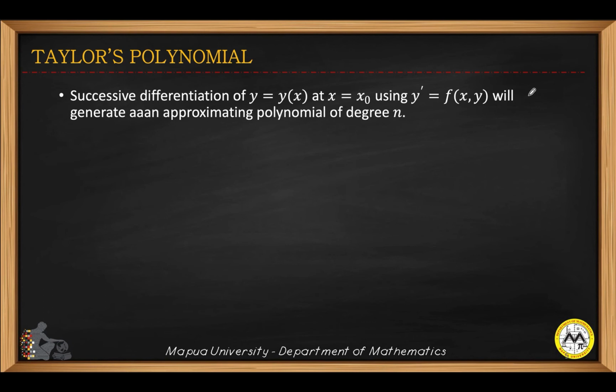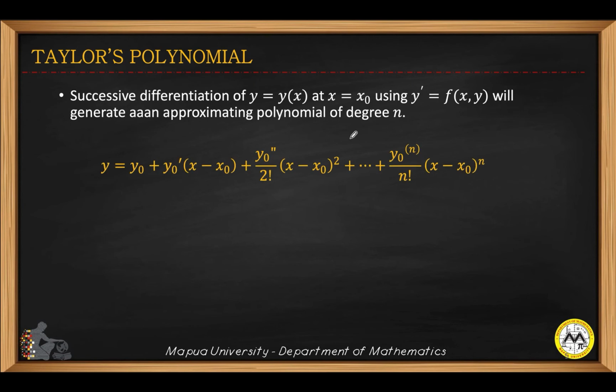Successive differentiation of y equals y of x at x equals x sub o, using the differential equation y prime equals f of x, y, will generate an approximating polynomial of degree n.